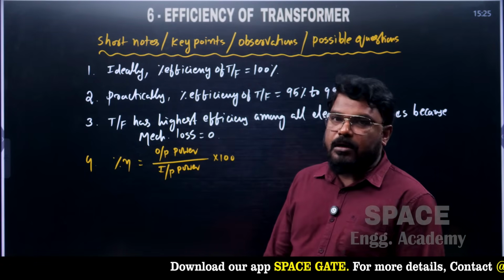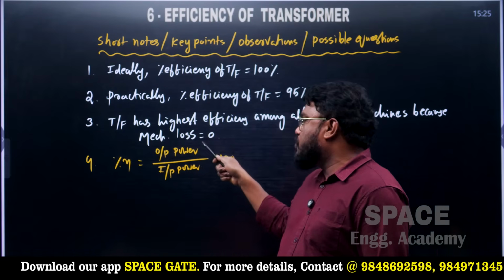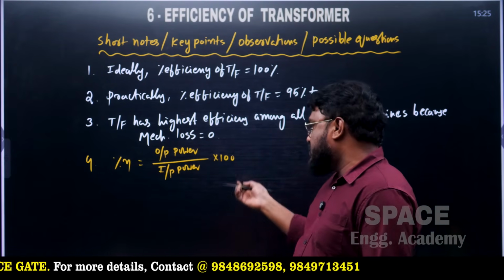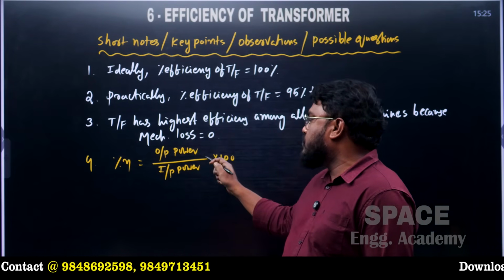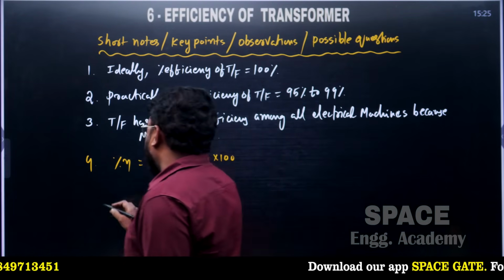It is a ratio of output power to the input power, expressed in percentages. So percentage efficiency of the transformer is equal to output power divided by input power, multiplied by 100.